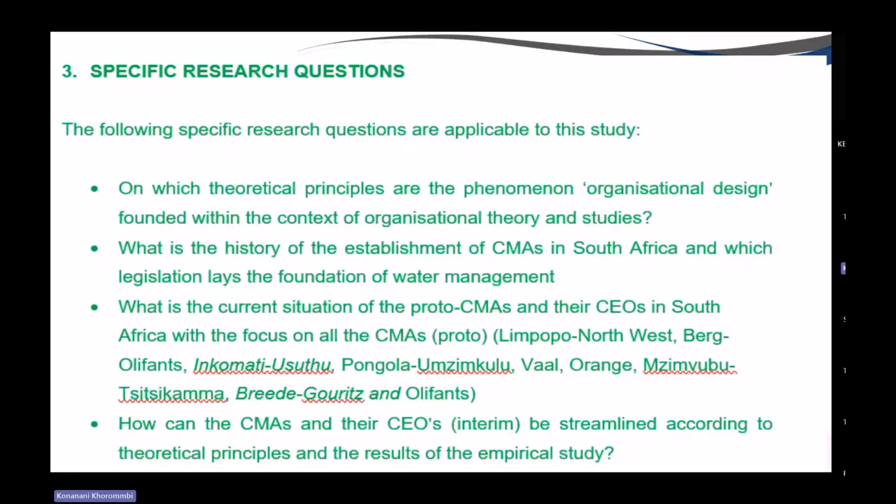They are explored mainly under the literature review so that they are implemented during data collection and data analysis. We will be able to show this later on in some future slides.